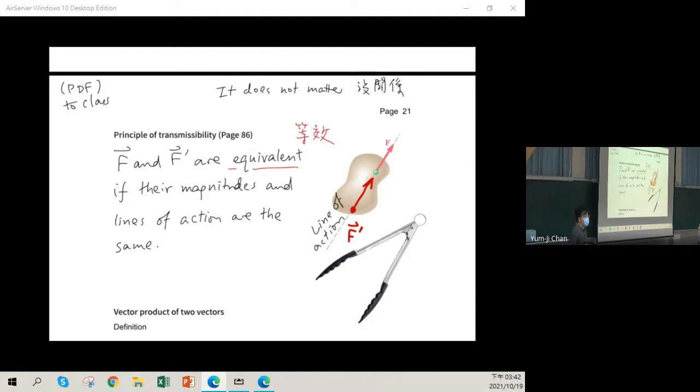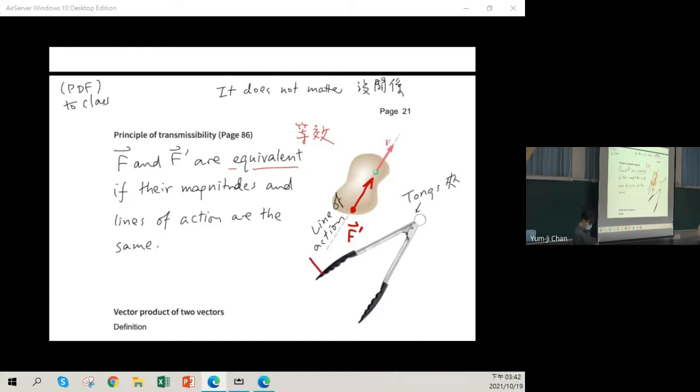So if you have finished writing, think about one problem. We have a pair of tongs, and this is called a tong. We usually get food with this at restaurants. So of course we have one force here.